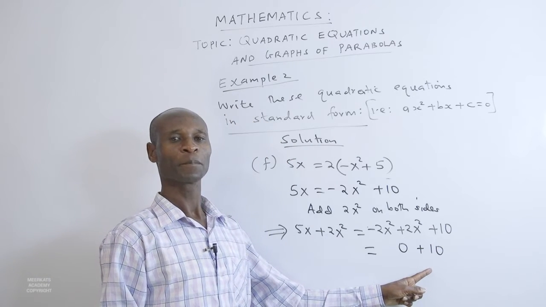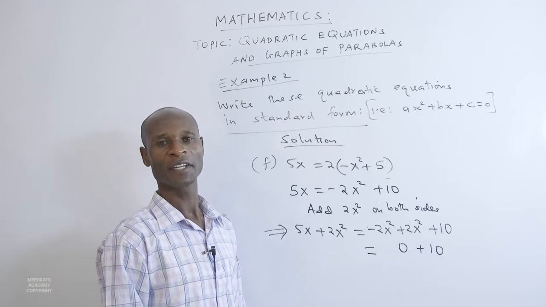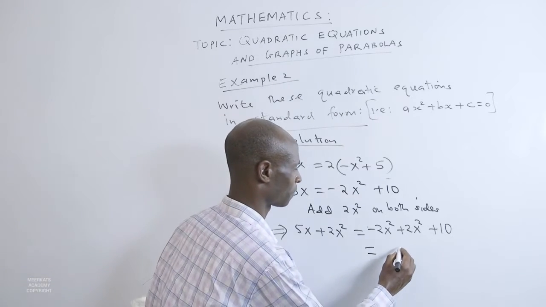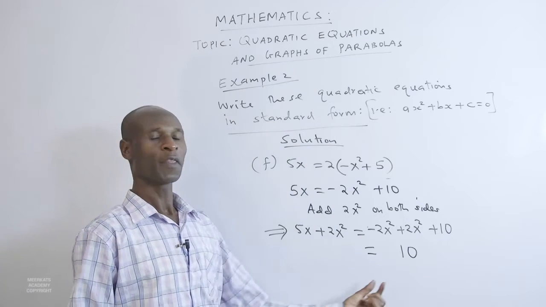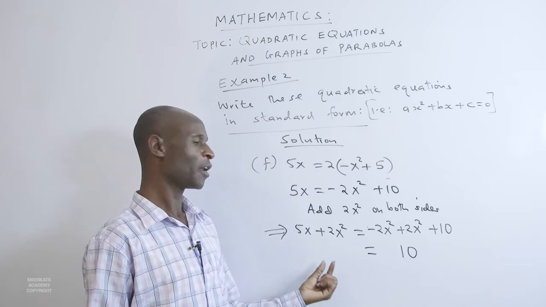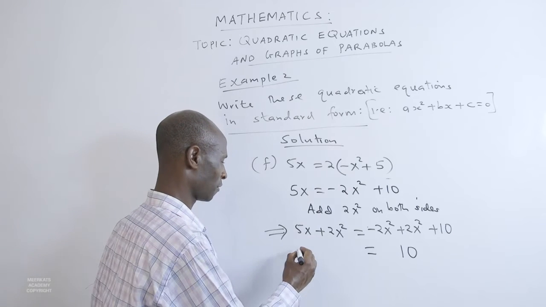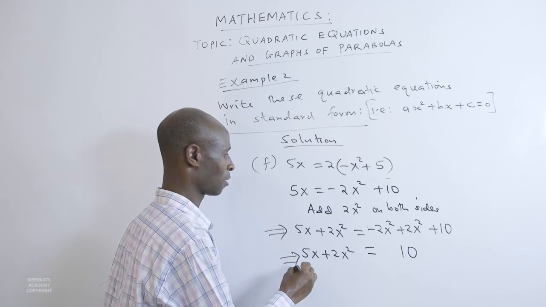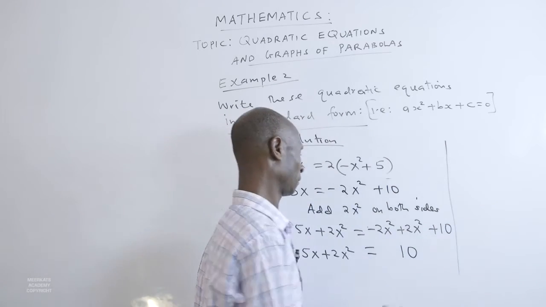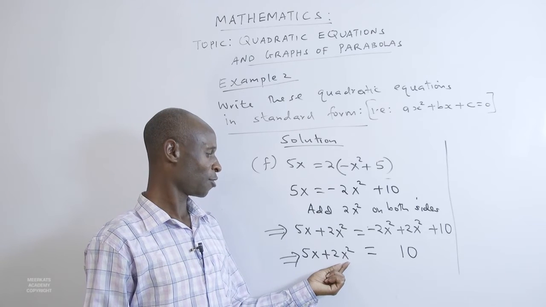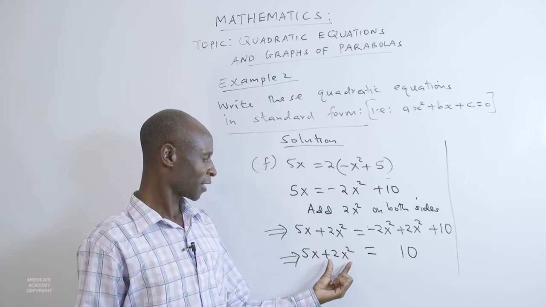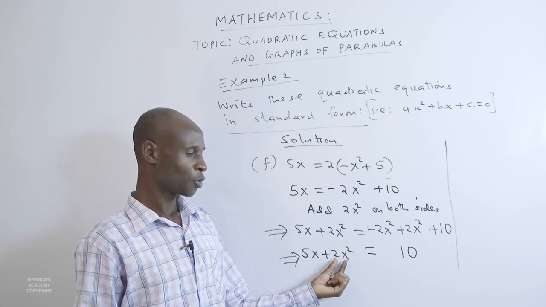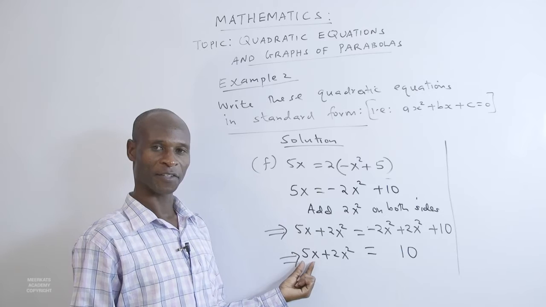Then plus 10. So 0 plus 10 is simply written as 10. So on the right hand side, we remain with the 10. Then on the left-hand side, we shall have (5x plus 2x squared). So this can be written as 2x squared plus 5x.